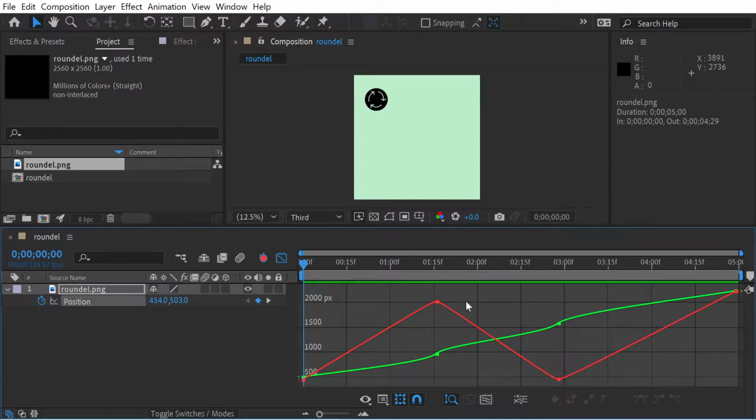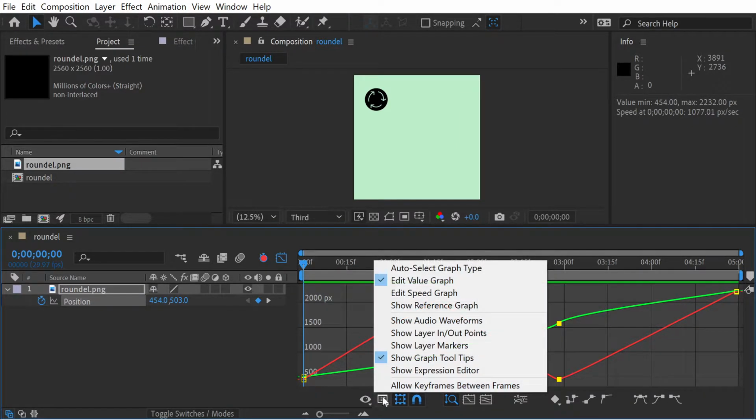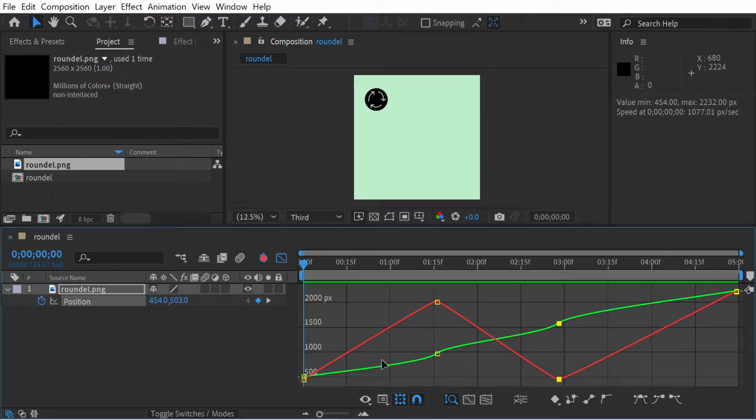Basically, red is X and green is Y. So if you look at the X coordinate, so we look at the value graph.